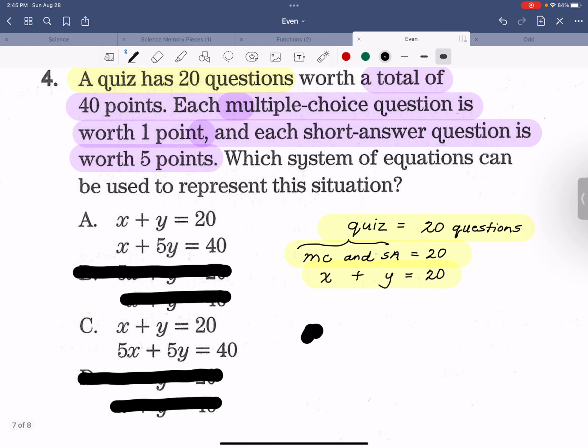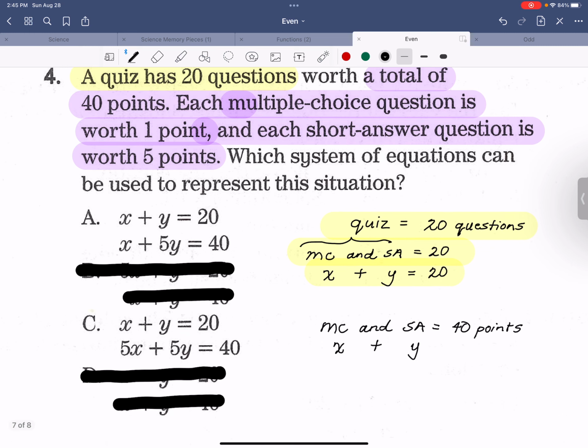We know that the multiple choice and the short answers make up 40 points. And we know that the multiple choices are the X's and the short answers are the Y's. We're adding them together. But we know that each multiple choice question is worth 1 point, and each short answer is worth 5 points.